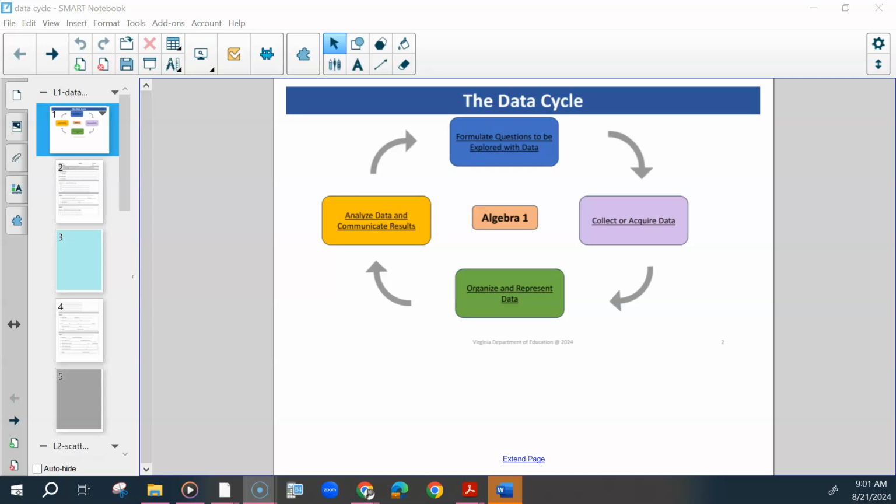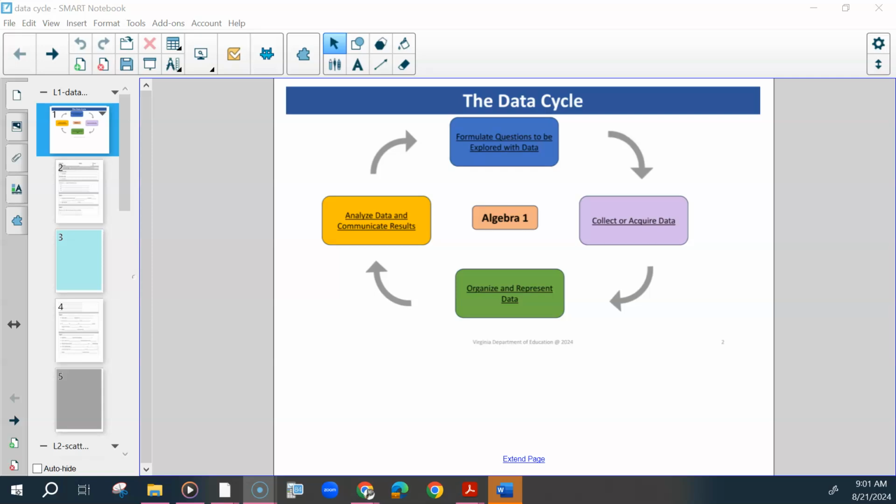Okay, so usually in a cycle, you start at one place, you go to the next, and then it continues. But the data cycle is not really like that. You can start at one place, but it doesn't have to be right here. You can start right here and then continue. You can start right here and continue. So like the other day we took data. We collected and acquired data. We didn't really have any questions. You were just going around collecting data.